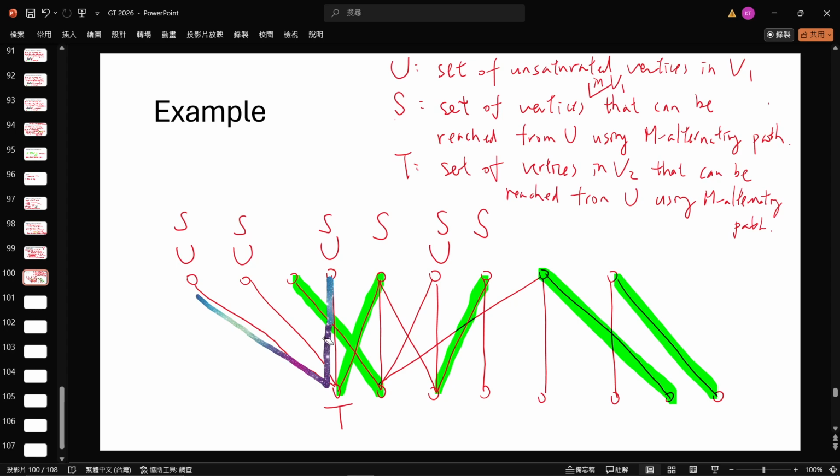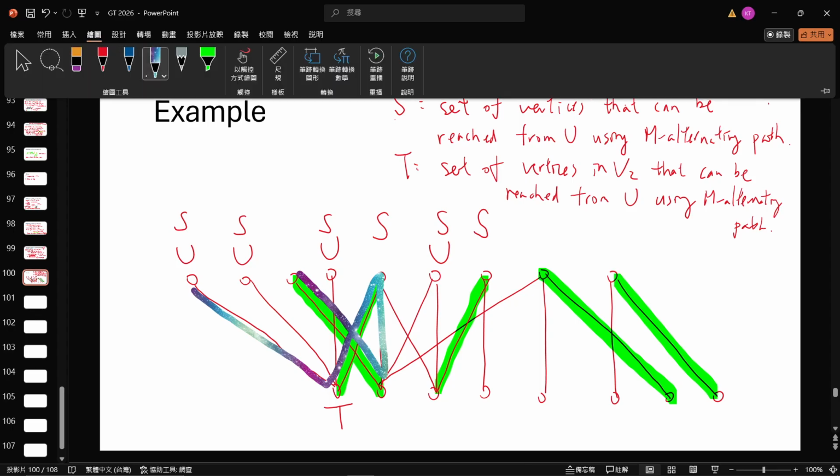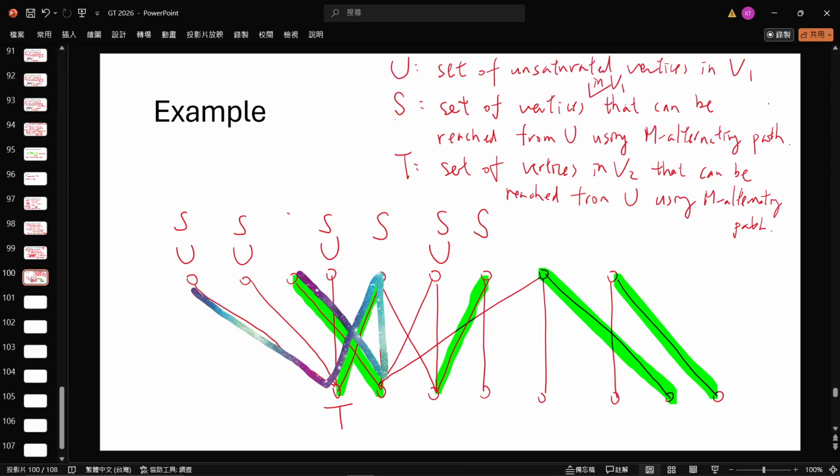No, sorry. I can use this path to reach this vertex, so this one is also in S. So let me add one more vertex to S. But back to T, this means we can add this vertex to T because we can use this alternating path to reach this vertex, which makes it in T.